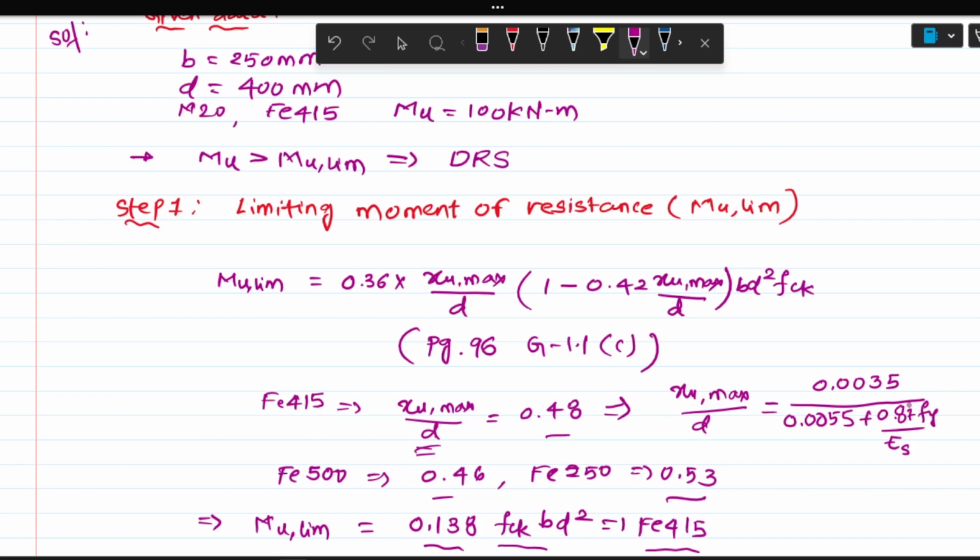If you haven't watched it till now, just watch that video so that you can get the basic points also. This is the formula which is used to calculate the Xu max by d.